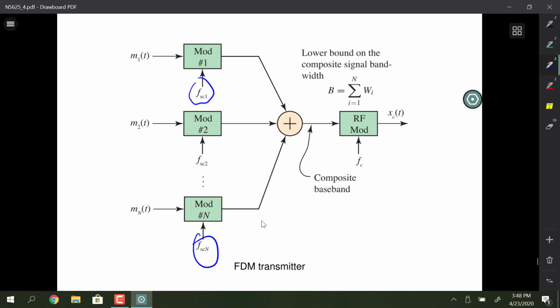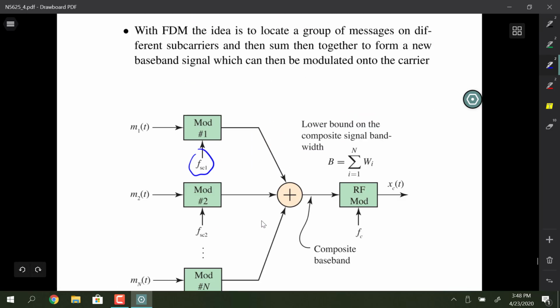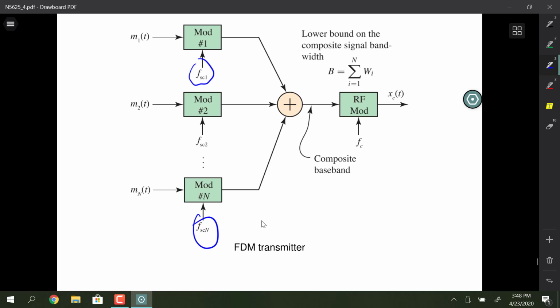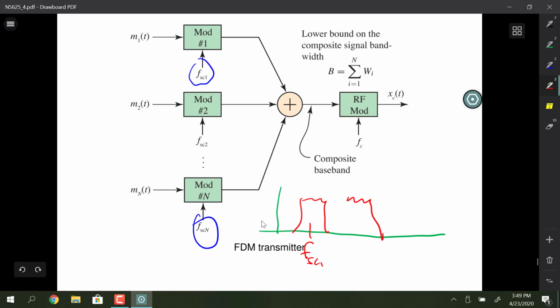I don't have an exact picture on the next page, but if I was to just draw a single-sided spectrum right here, we'd have a signal at FSC1, FSC2, FSC3, and this is 0. And then, of course, it's got the mirror of that on the negative frequencies.